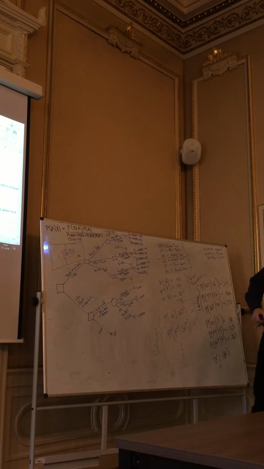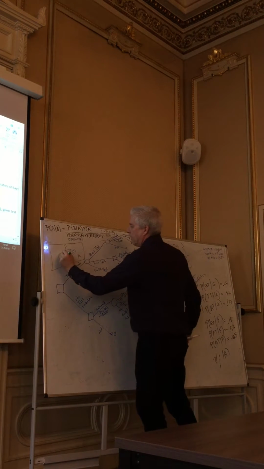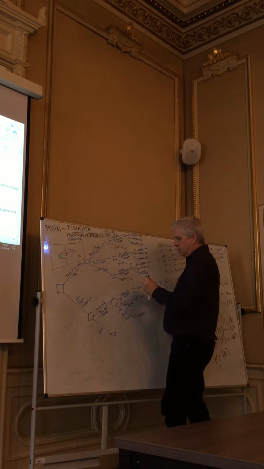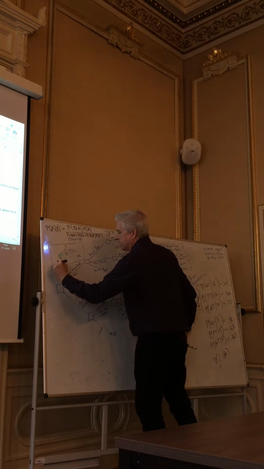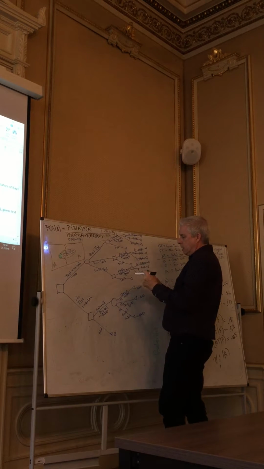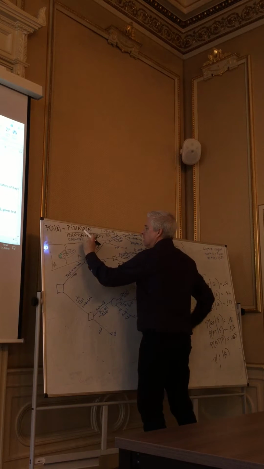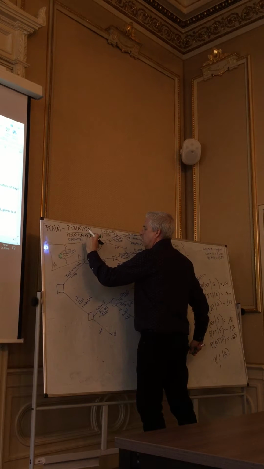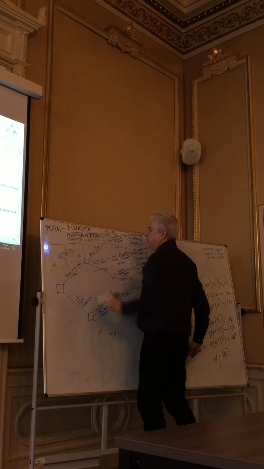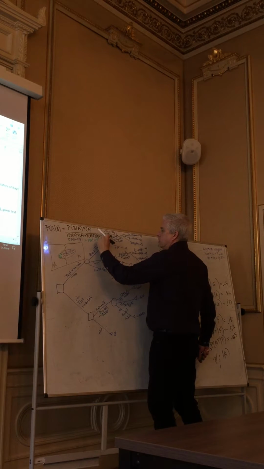Or you can say, what about the part of B that's not in A? Well, the not in A part, don't forget, is A complement. So the green thing here is P of A complement and B. So that's this piece.